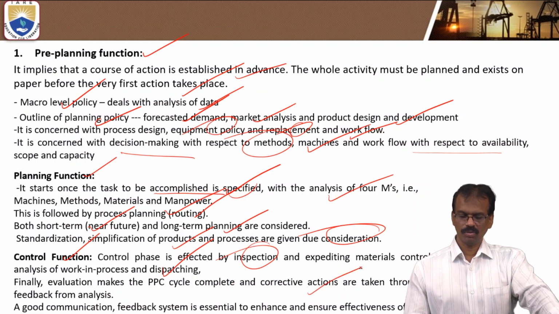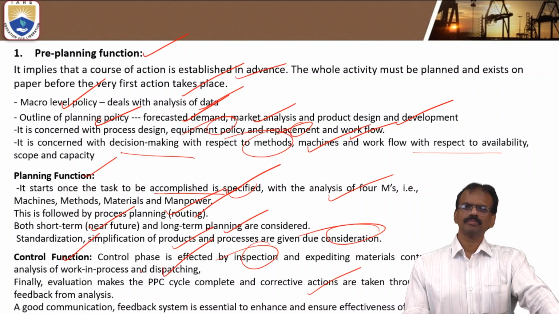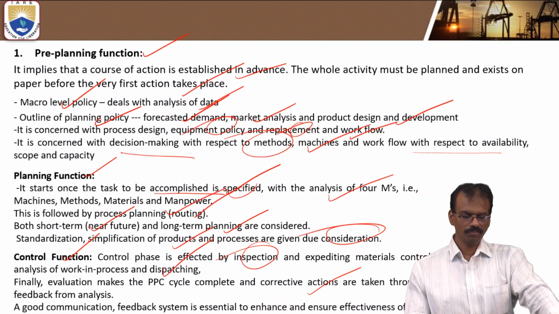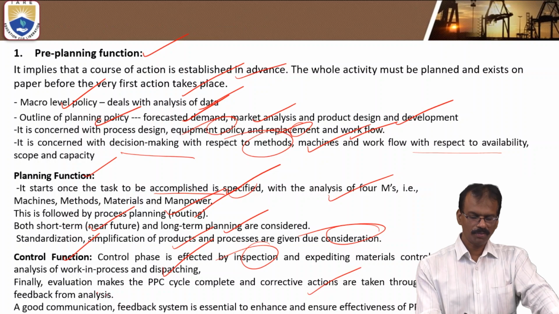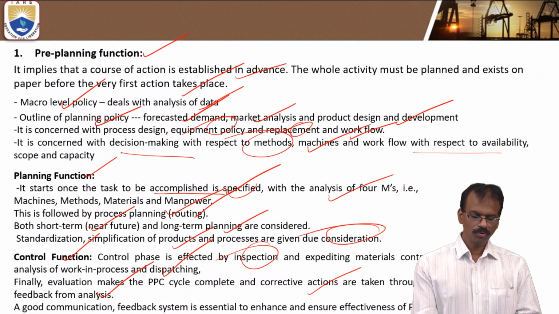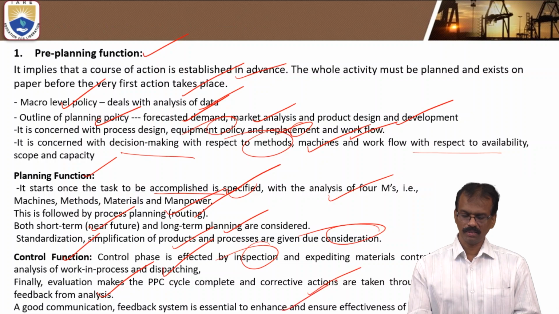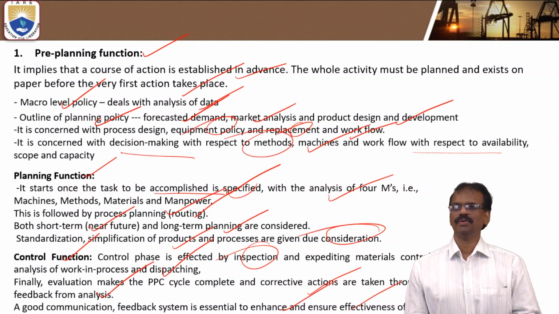Corrective actions are to be taken through feedback from the analysis. So systematic feedback and analysis of the feedback are very important. A good communication feedback system is essential to ensure the effectiveness of the PPC.